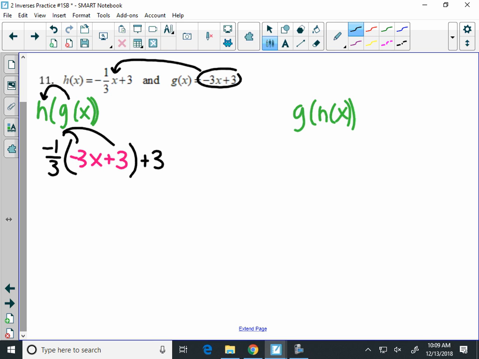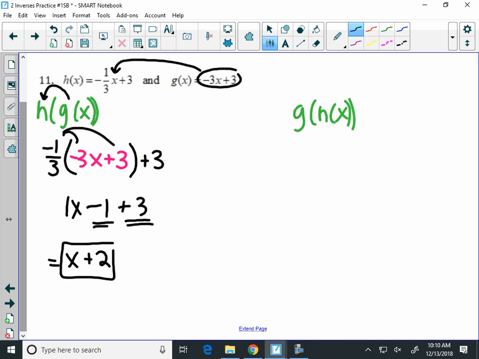Now, negative 1/3 times negative 3 is a positive 1x. Negative 1/3 times positive 3 is negative 1 plus our 3. Now when I combine these like terms here, I get x plus 2. That's my answer. All right, not exactly what we're looking for, but let's see what happens when I take g of h of x.